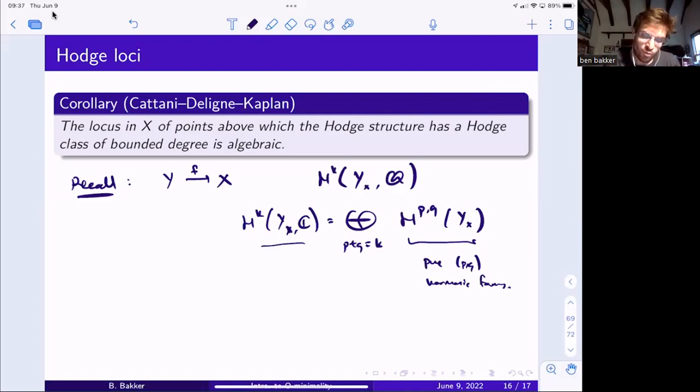But there is one case in which you can say something about this (p,q) decomposition, and that is if your cohomology class is Poincaré dual to an algebraic subvariety.